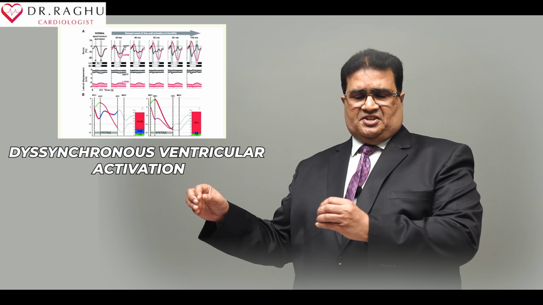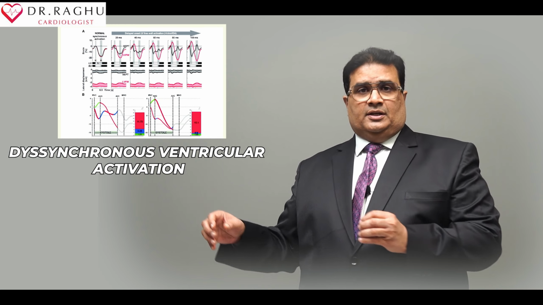When the electrical circuit, and thus the activation and the contraction of the heart, happens in a direction opposite to the normal route, that leads to a reduced pumping ability of the heart. This loss of synchrony is called dyssynchronous ventricular activation.